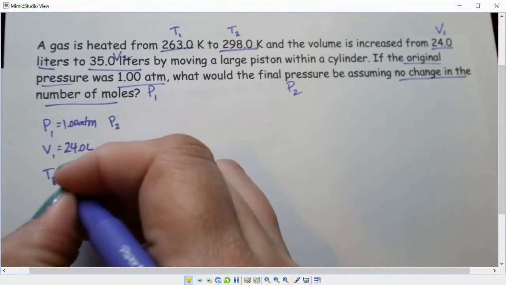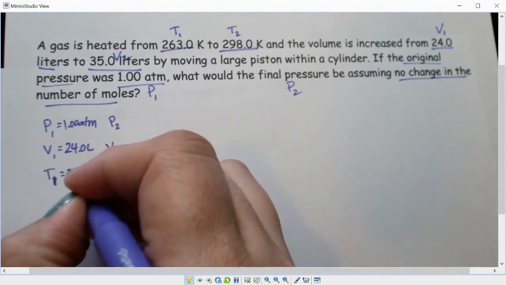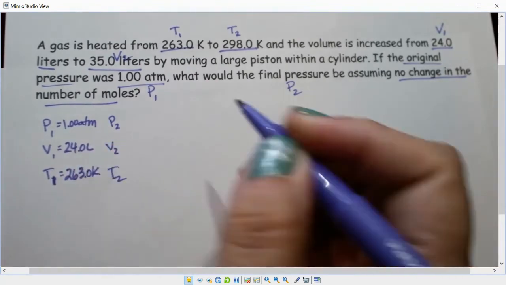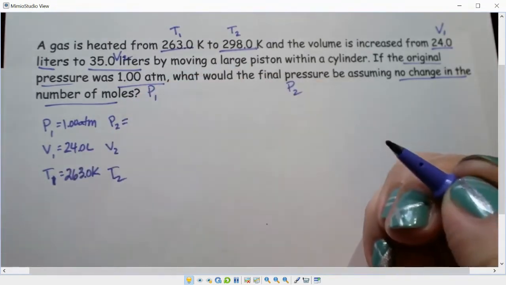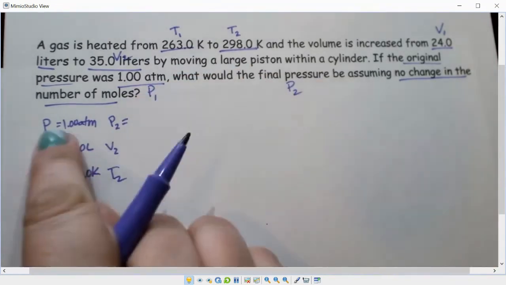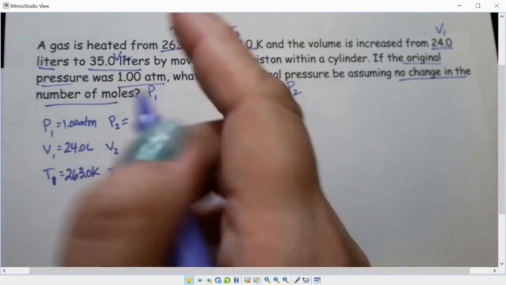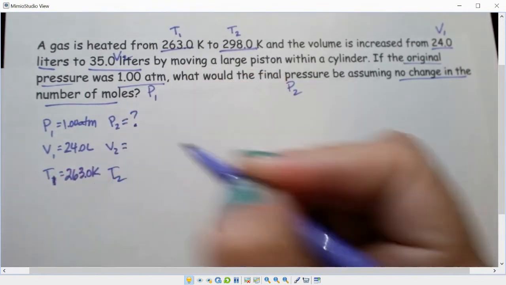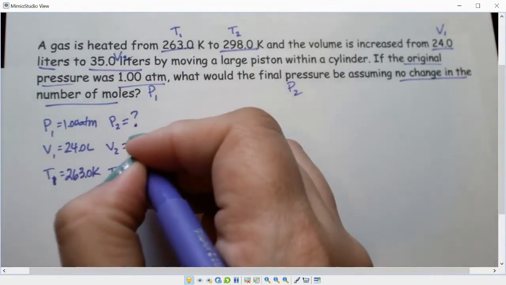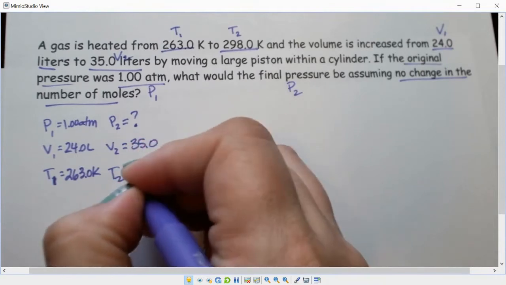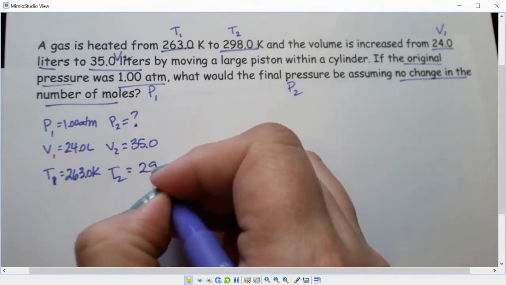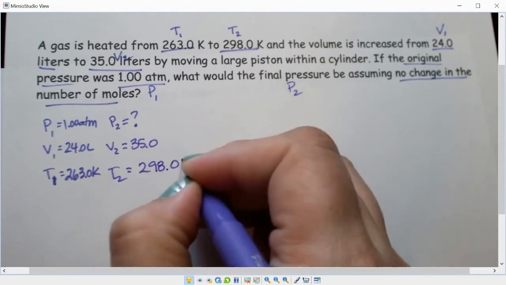The original temperature was 263 Kelvin. The final pressure, that's what we're solving for, so that's our unknown. Our final volume went to 35 liters and our final temperature was 298 Kelvin.